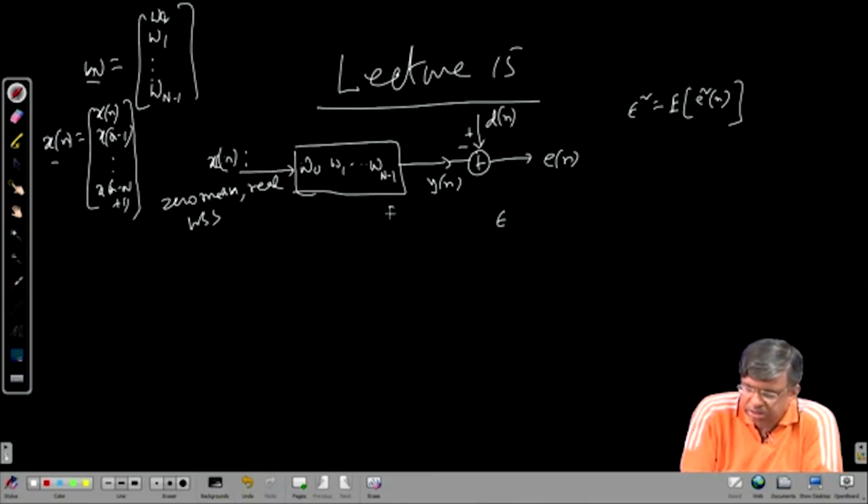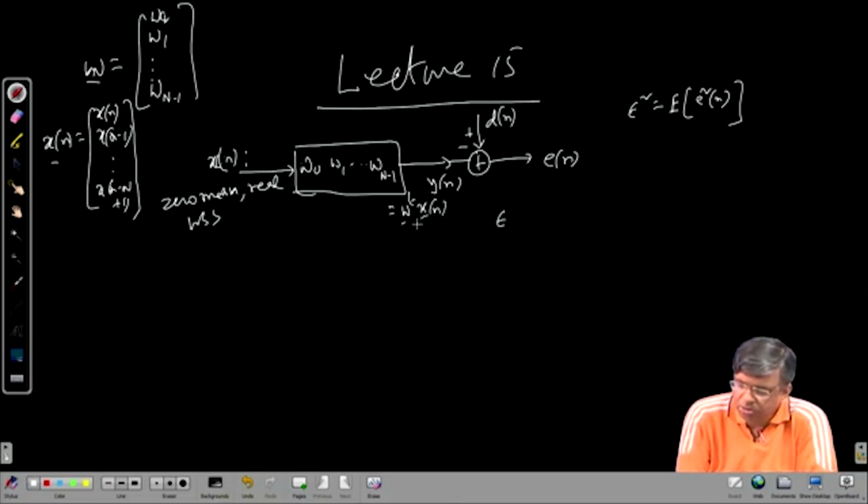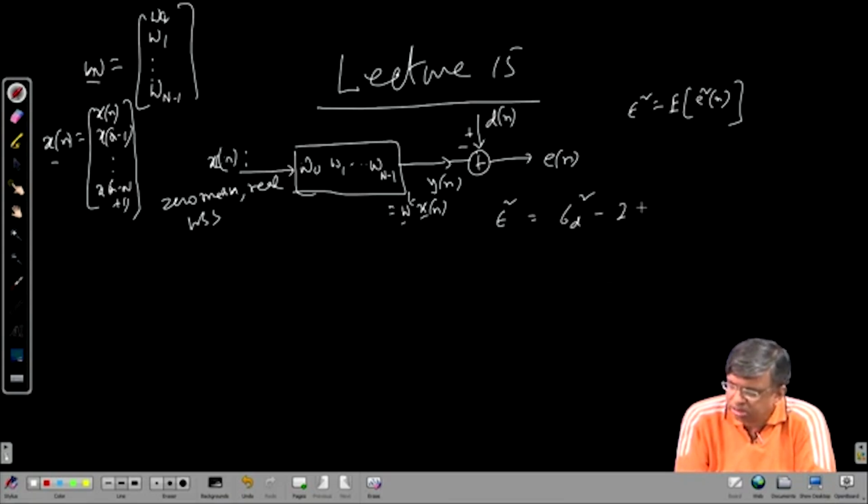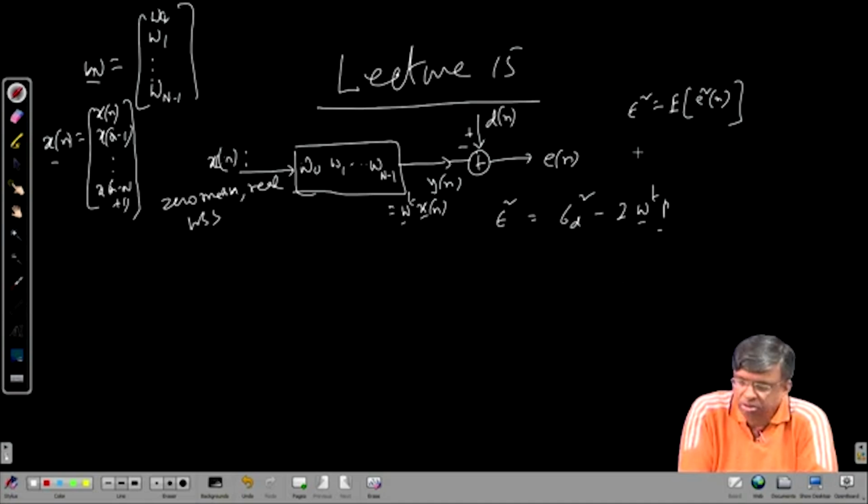So, Y n is W transpose X n, this we have seen in the last class, and we also worked out this expression, that is sigma d square, which is the variance of d n, minus twice W transpose P, which is a linear first order term in W0, W1, all that.